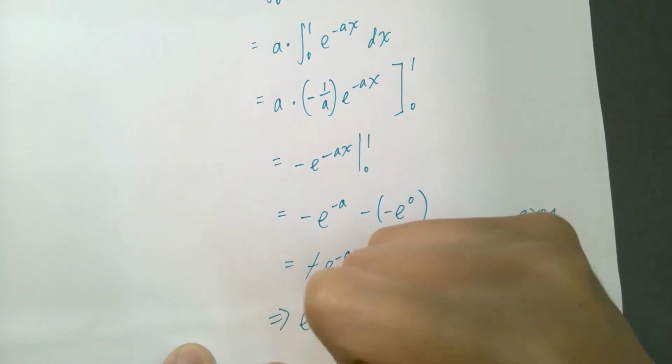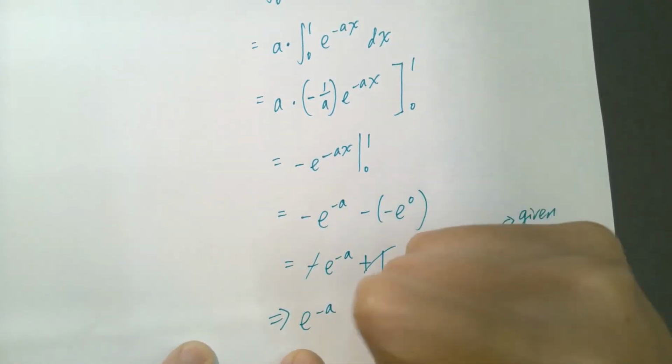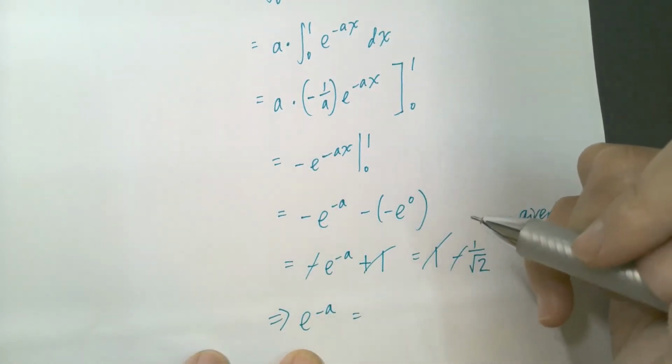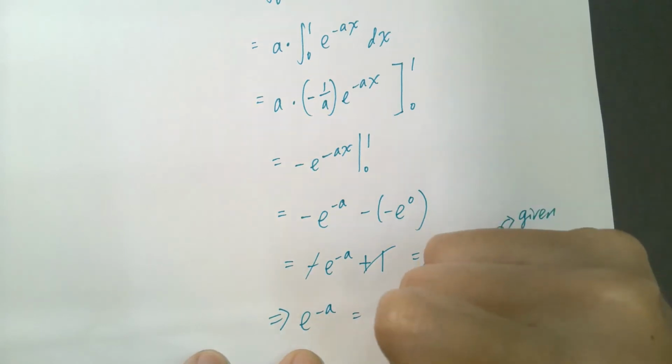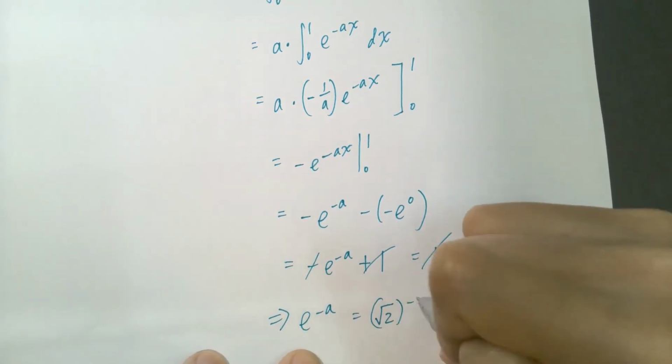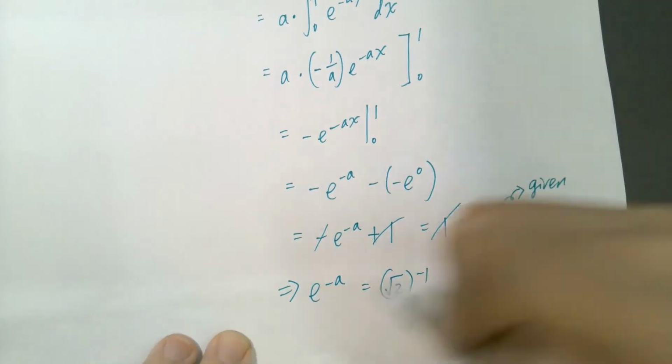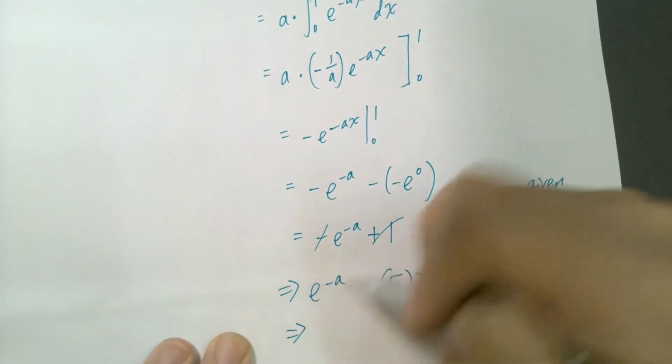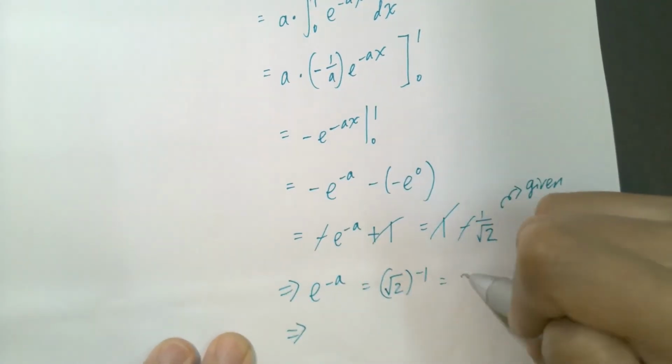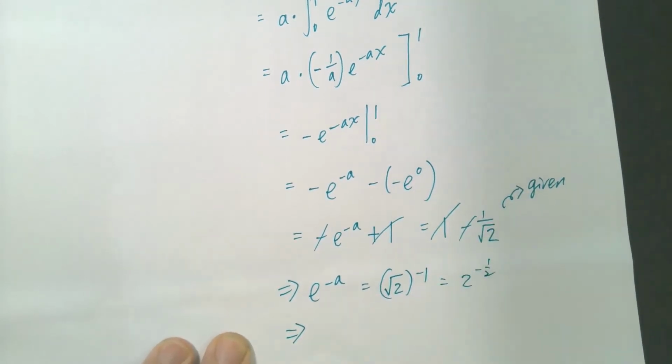So e to the power of negative a is equal to square root of 2 negative 1, let's say, right? So we can say that a, which is 2 to the power of negative 1/2, all right?